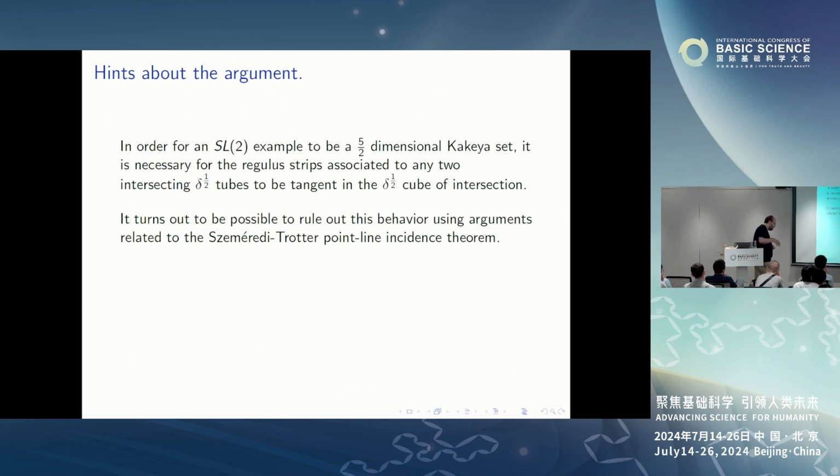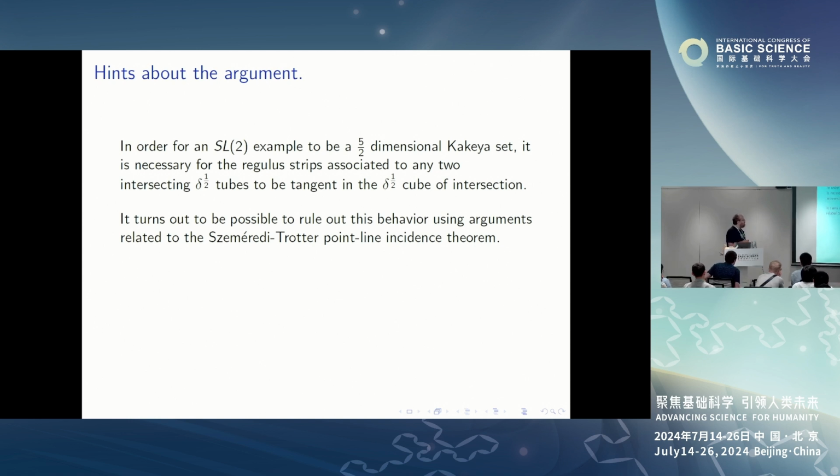So you have these fat tubes, which are a very large and completely well-defined set of fat tubes, and then each fat tube comes with a regulus strip that goes all along the fat tube, and the two regulus strips of any two intersecting fat tubes have to intersect tangentially at the intersection of the fat tubes. So that's essentially the near miss example.